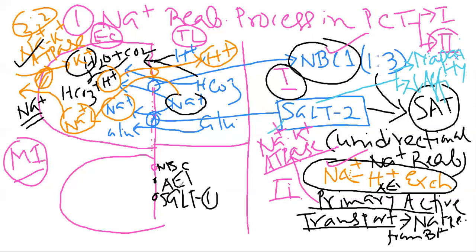Here the SGLT1 will have high affinity but less capacity. So increased affinity for the sodium ion reabsorption, but it has less capacity for the sodium ion reabsorption process.